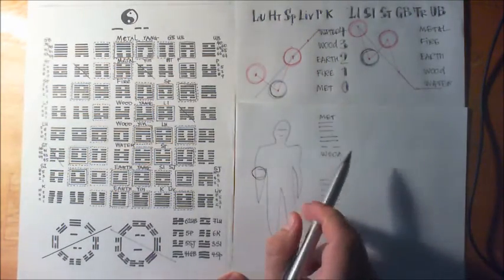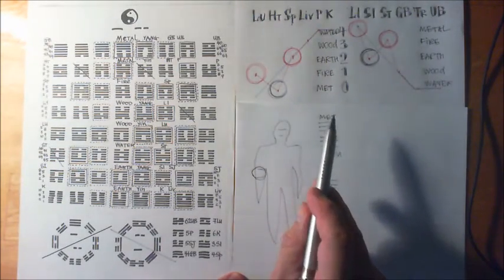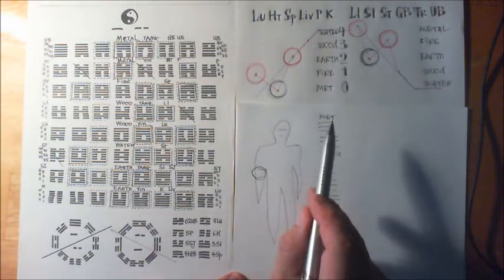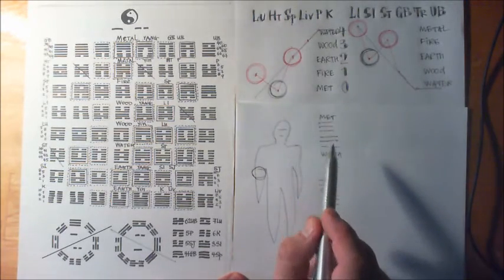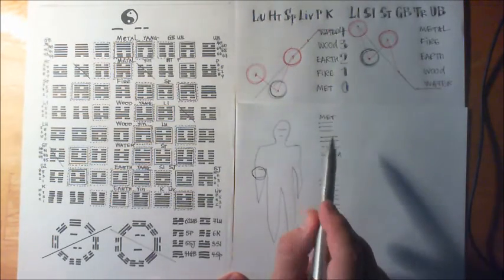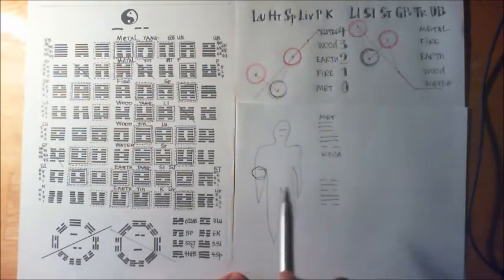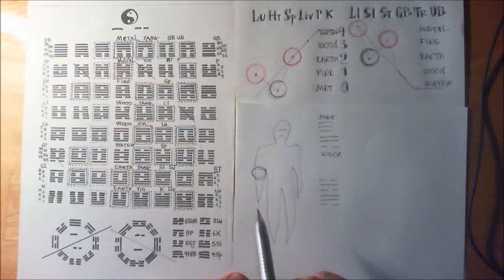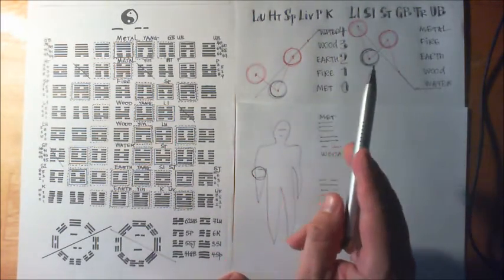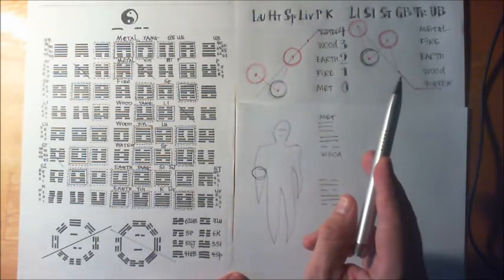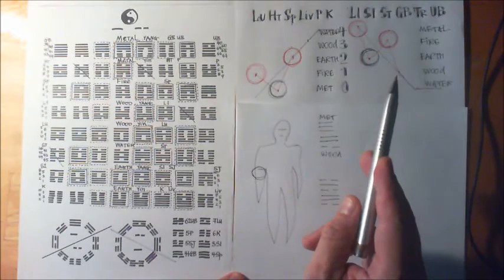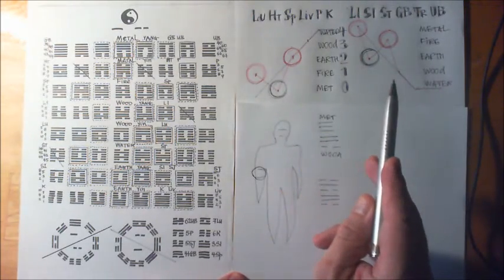So this hexagram with the metal and the wood actually does not fit very well, because metal always dominates the wood, so we will not use it in this moment through the gallbladder.